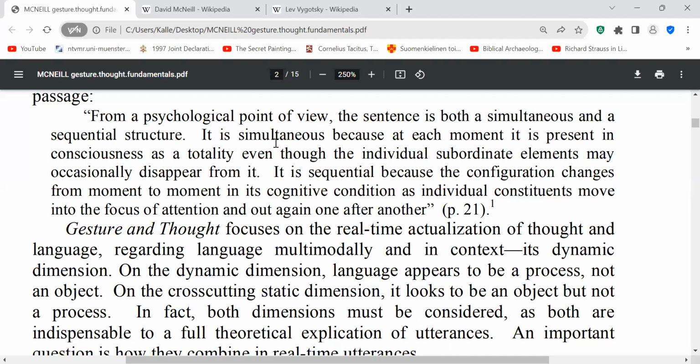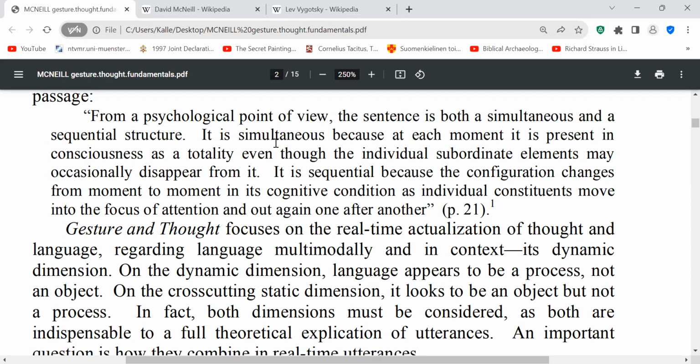It is simultaneous: at each moment it is present in consciousness as a totality, even though the individual subordinate elements may occasionally disappear from it.